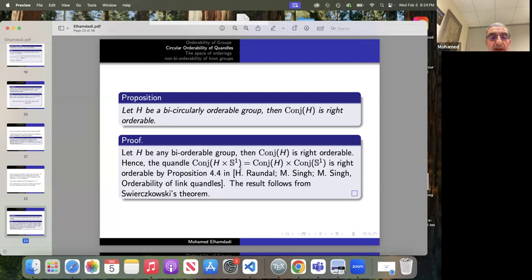The proof is based on this: you assume that H is a biorderable group, then the conjugation quandle of H is right orderable, and the conjugation of the product H × S1 is just the product of the conjugations, which is right orderable as the product of two right orderable quandles. This is proved in the paper by Rondel, Singh, and Singh. And the result then just follows from Švarc's theorem.